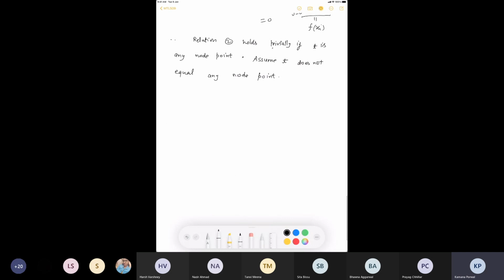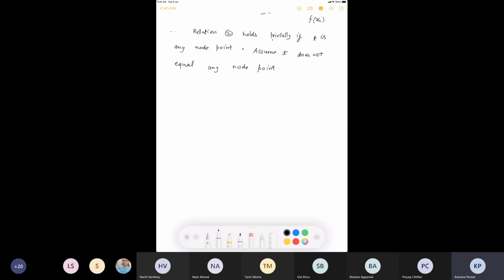Okay, so let's try to denote the error by some function. I'm taking f of x minus pn of x, where pn of x is the summation of f at xj into lj of x, j running from 0 to n, and here the lj's are the product over i of x minus xi divided by xj minus xi, i running from 0 to n, i not equal to j.